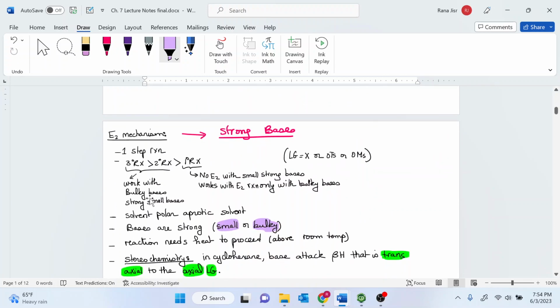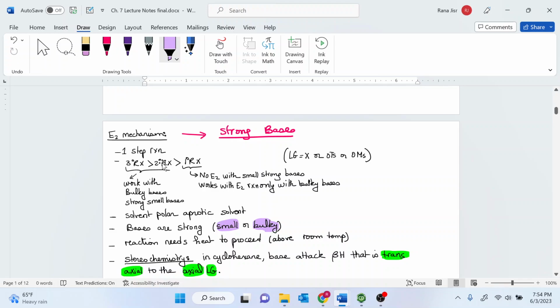With respect to the alkyl halide, tertiary alkyl halide is the fastest. It reacts faster than secondary, which reacts faster than primary alkyl halide. And this is where E2 departs from the SN2 reaction. Remember, SN2 does not happen with tertiary alkyl halide, but E2 happens with any base, bulky or small strong bases.